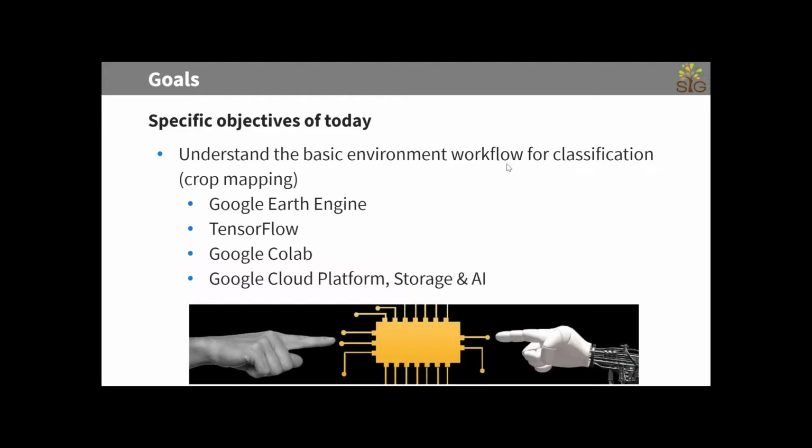It's just for you all to understand where we create the data, where we store the data, where we run the model, and how the workflow works to build a model and host that model somewhere so we can have our crop map at the end. So it's going to be a very high level workflow of the environment.